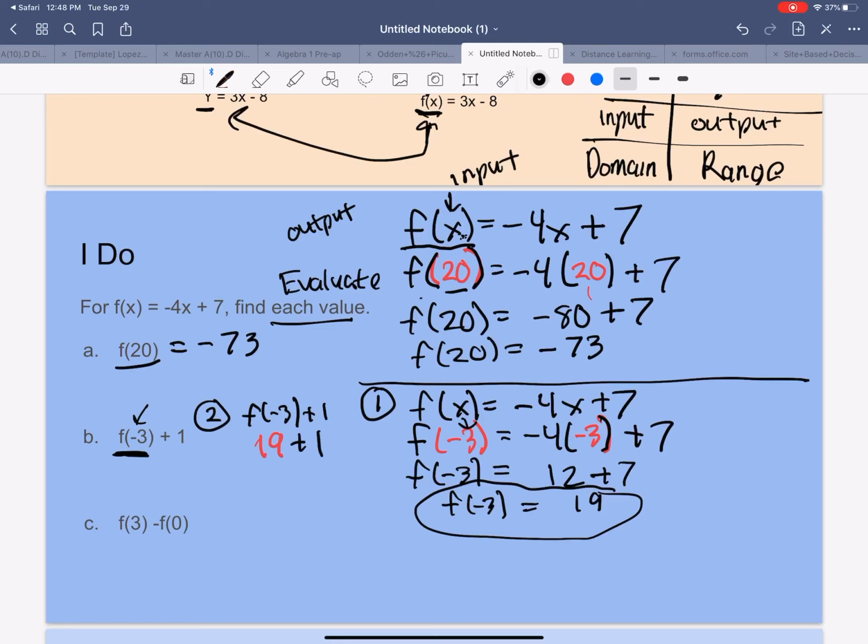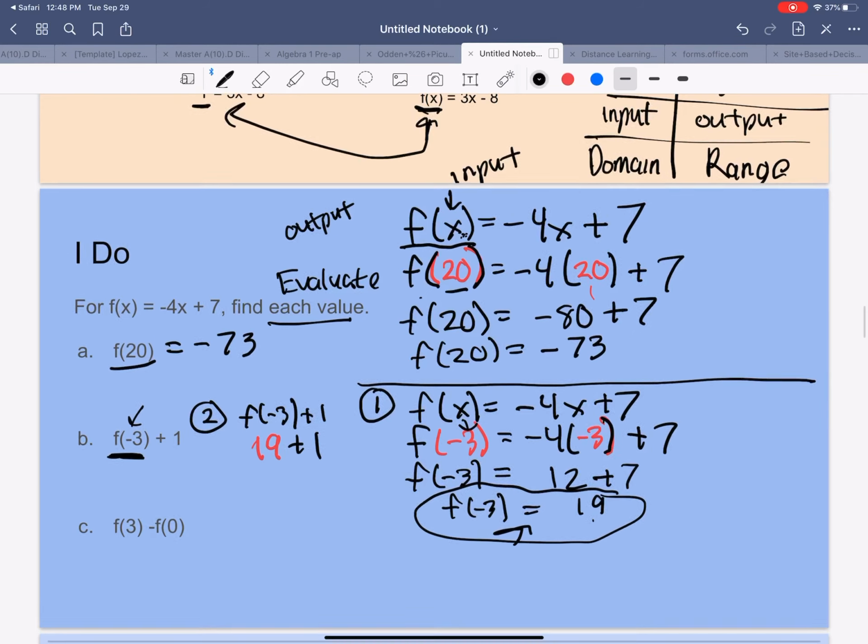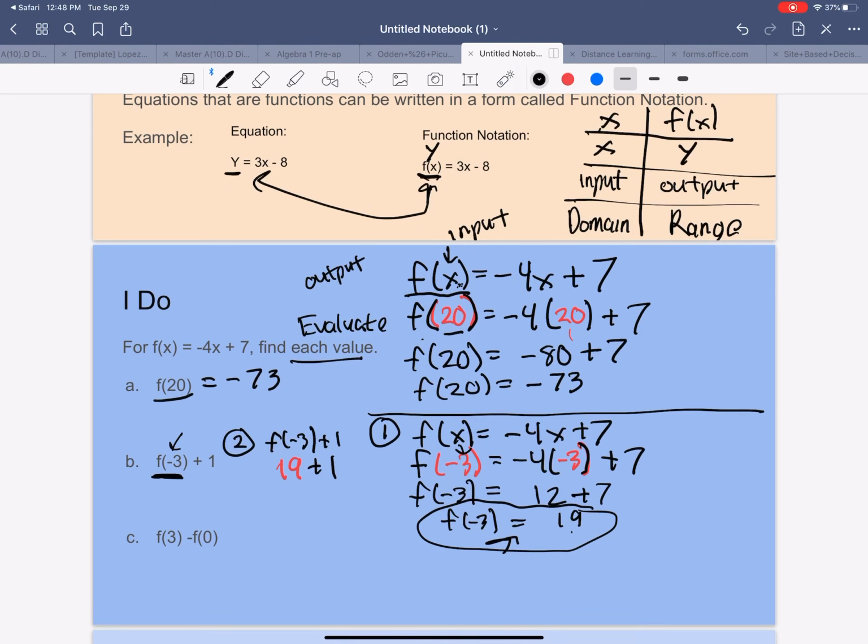And we got the 19 because that's what it says right here. It says f of negative 3 is equal to this number. And so I could change those interchangeably. So this becomes a number, which is 19. 19 plus 1 gives me 20. And so f of negative 3 plus 1 is equal to 20.